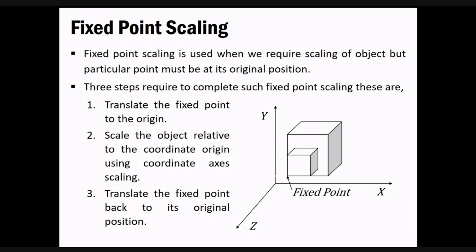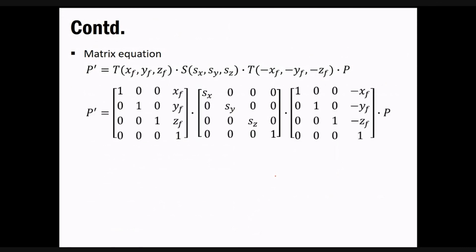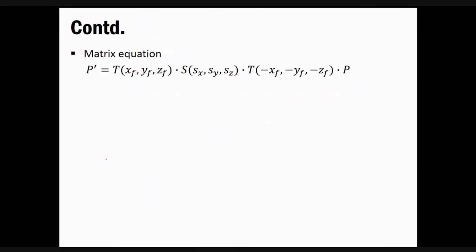So if you have this kind of scenario, then translation comes into the picture. The matrix equation for doing the same thing is over here. First thing is simple translation, translate the fixed point to the origin, and then the second thing you have to perform is the scaling.